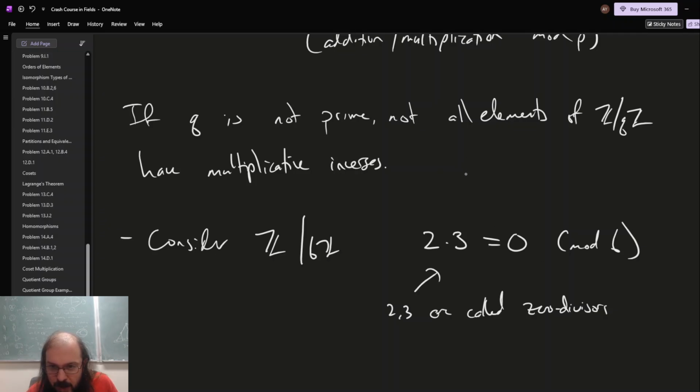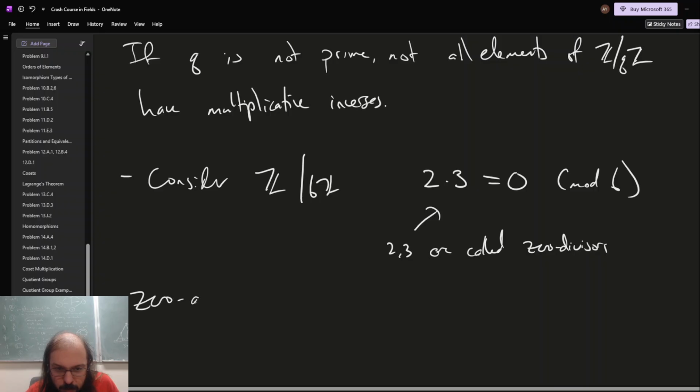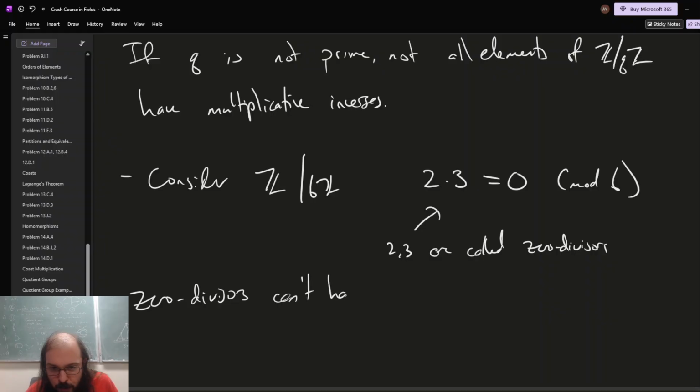Like in general, if we had a number, I don't know, c, and we had a times b equals c, we would say that a goes into c, right? Because a times b is c. So I'm saying 2 goes into 0, which is like a weird thing to say, but it's what we call them. And zero divisors can't have multiplicative inverses.